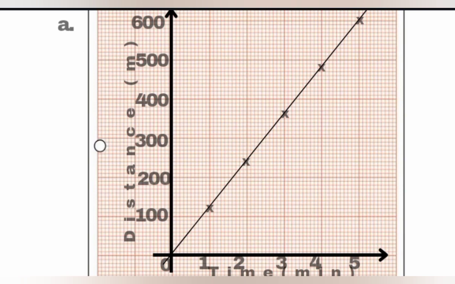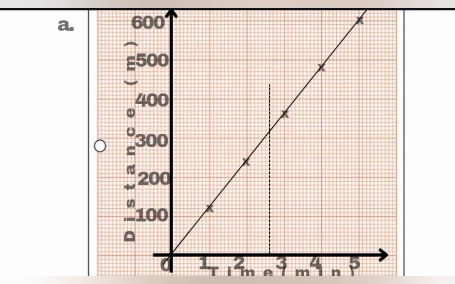That will give you 2.6 minutes. When you do that, what do you do? Use your meter rule and a pencil to draw broken lines up to our straight line. Okay, so you draw broken lines from there up to meet our straight line.